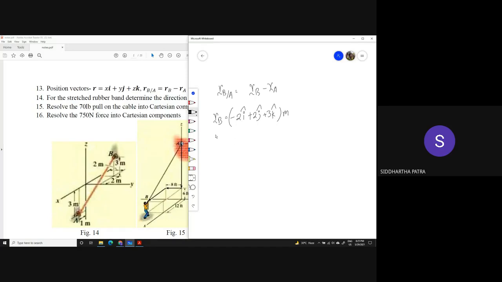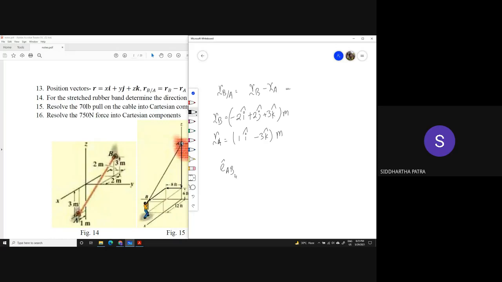In the same way, you can find out how much is A, and this time there is no Y component, I believe. So it is 1I minus 3K meter. From that, try to write the expression for RBA. And of course, what is being asked of you is to give this unit vector EAB.